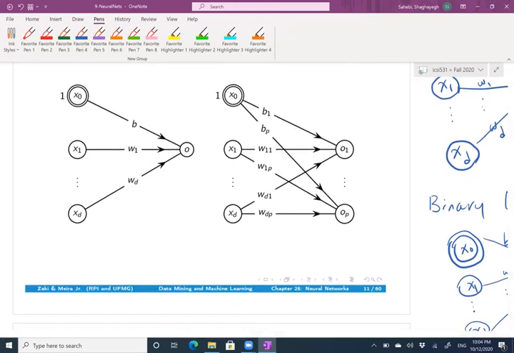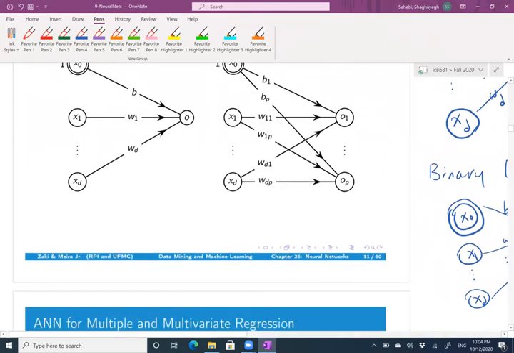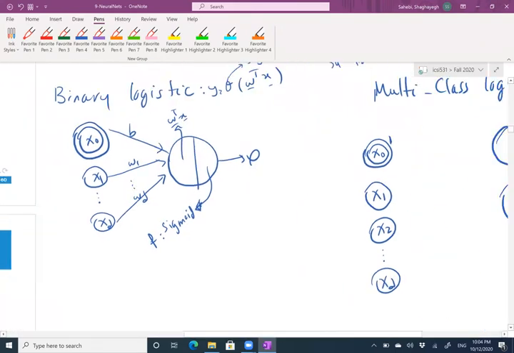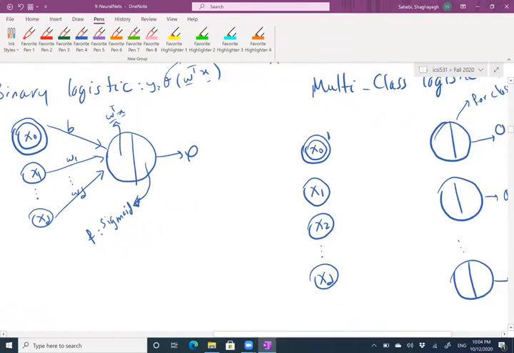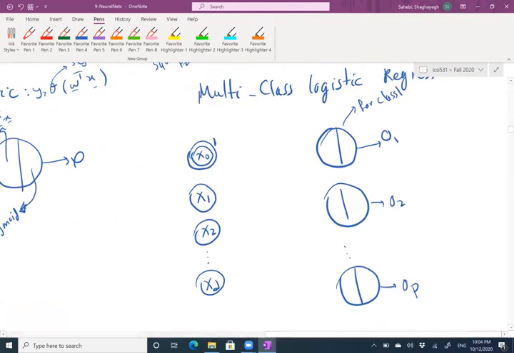So basically what we are going to have is that we are going to connect all of the input layer neurons to all of the output layer neurons, and for each of them, we are going to learn different parameters.